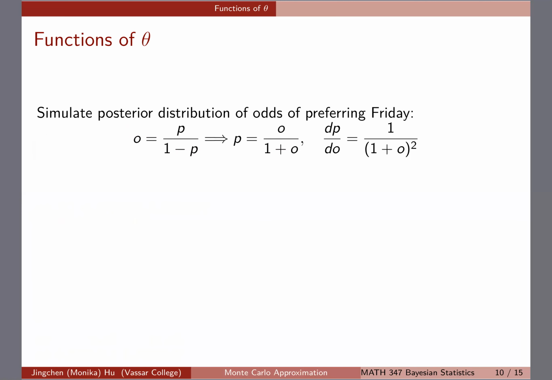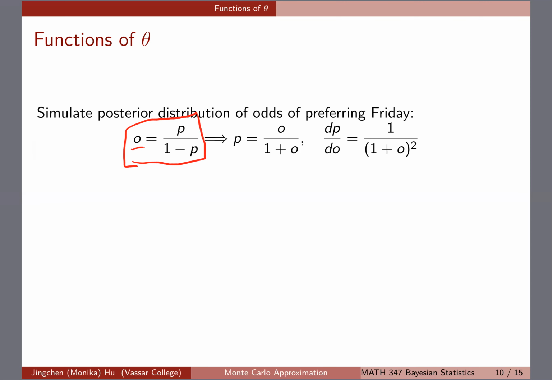You probably have heard about this before. In daily life, I think people just use odds as probability. But the right terminology is actually the ratio of the success probability over the failure probability. That's the academic definition. So that's why O, which we use for odds, is a function of the unknown parameter.